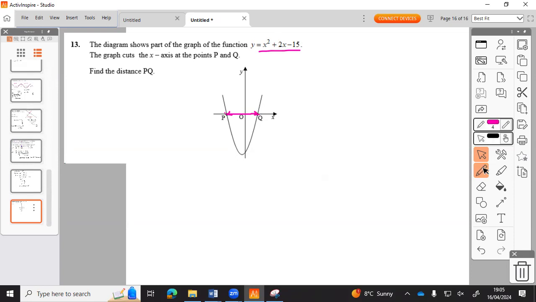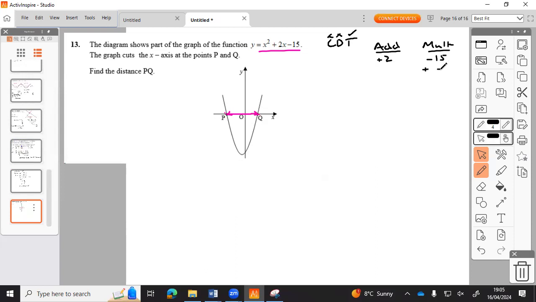Factorization. Again, we're doing CDT. There's no common factor there. It's not a difference of two squares, it's a trinomial. So we're adding to get positive 2, and multiplying to get negative 15.